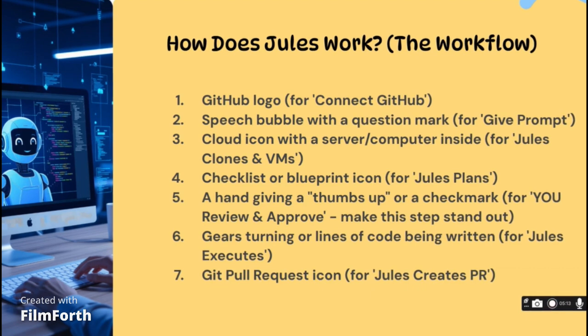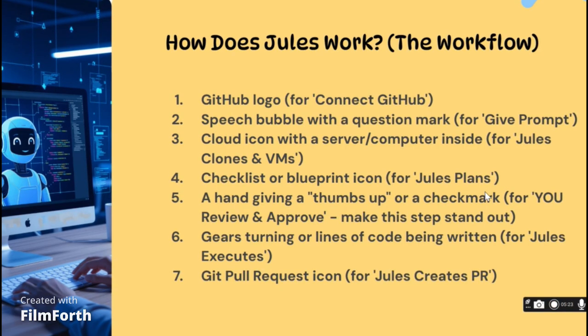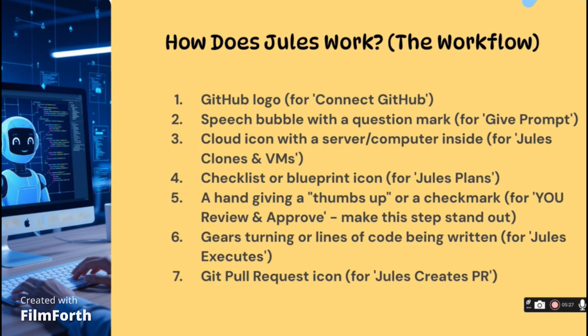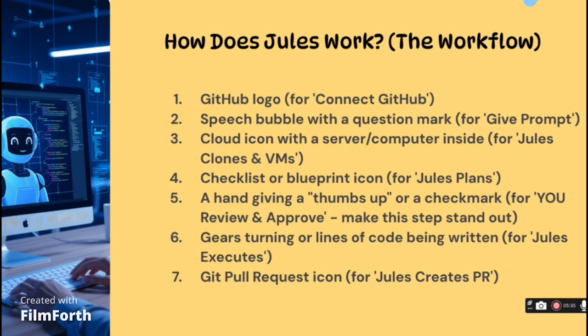And after that Jules sends you the complete plan, a checklist or blueprint of the plan. Then if you approve that plan, after review, they merge that code in your git repo, as they create a PR.